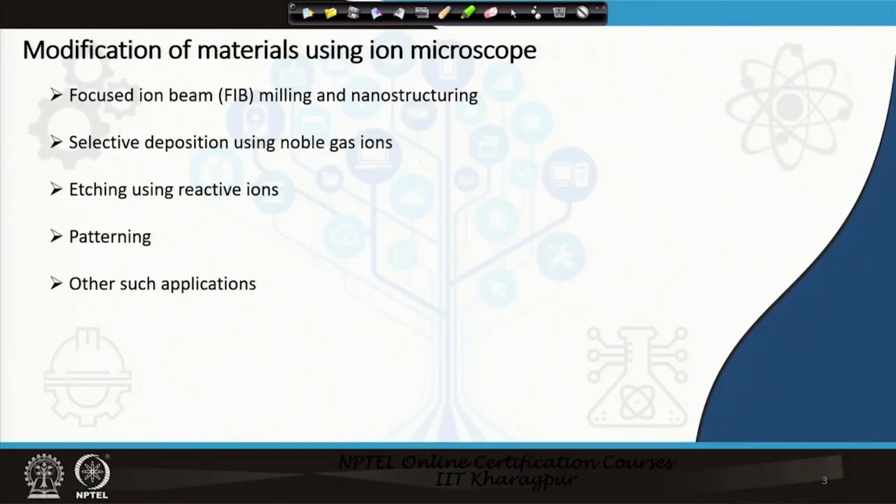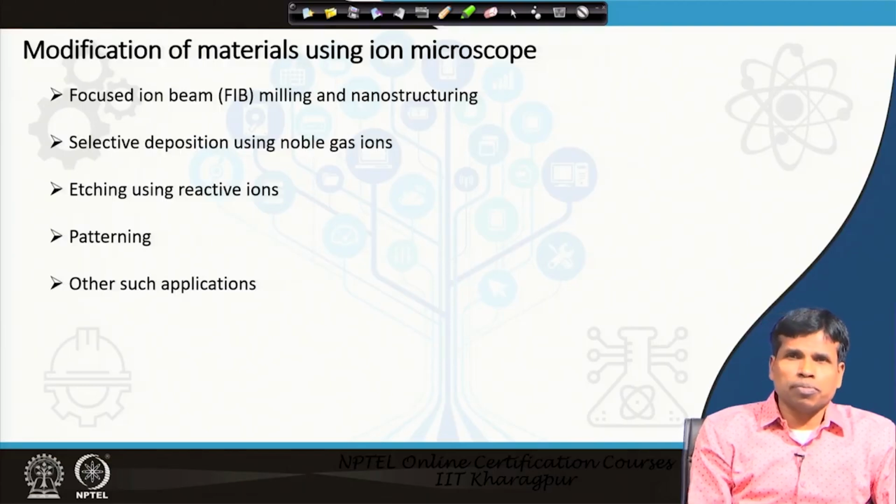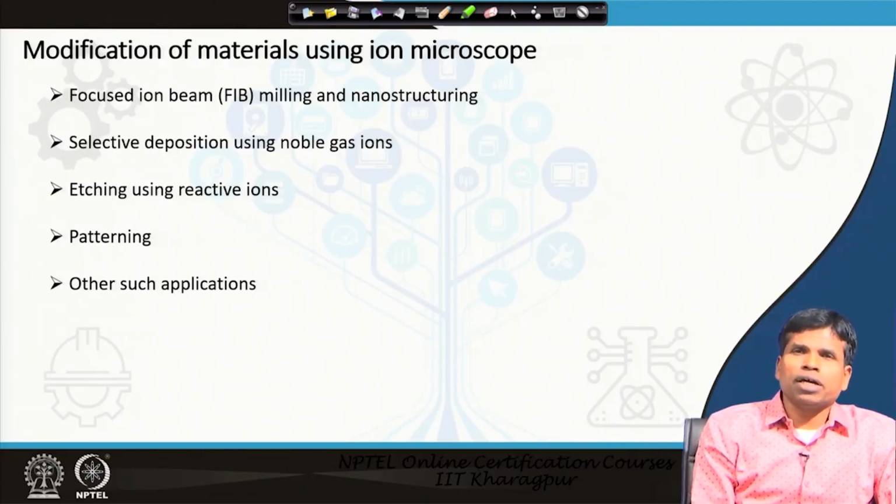So, modification of materials using a helium ion microscope is not new, because until the helium ion microscope came to prominence, we had the scanning electron microscope. Several decades before, scanning electron microscopes have also been attached with ions for lithography or ion milling purposes.